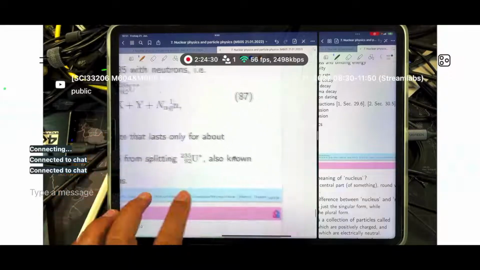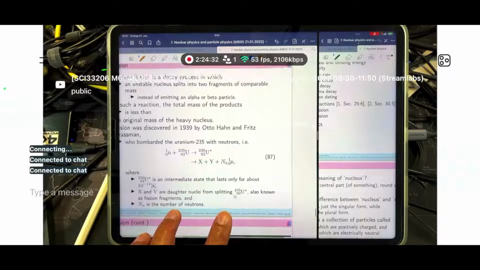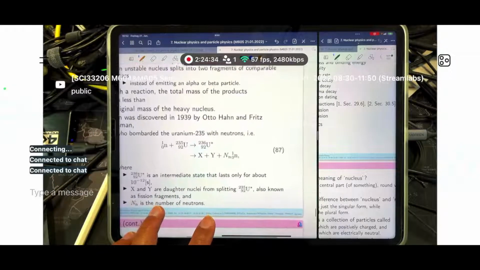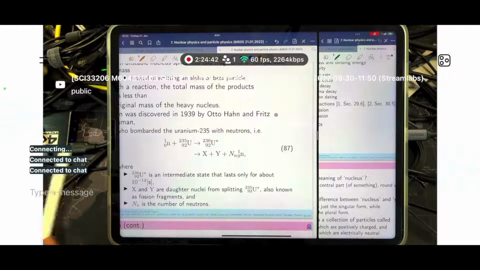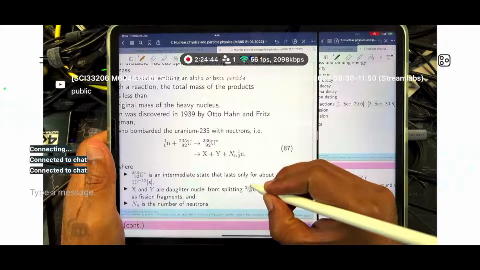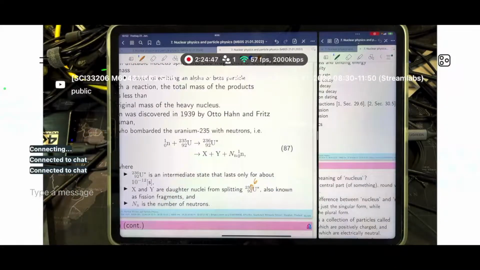Uranium. Oh, this one should be 236, not 235. It needs to be number 6, not 5. Uranium-236 is an intermediate state. It's in the excited state.